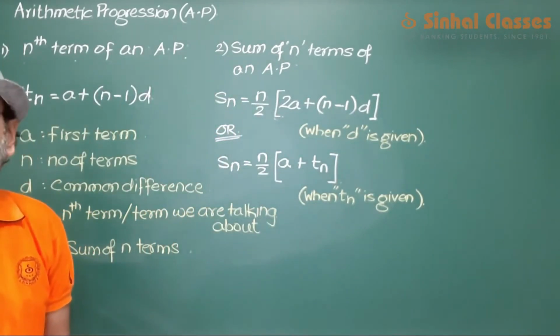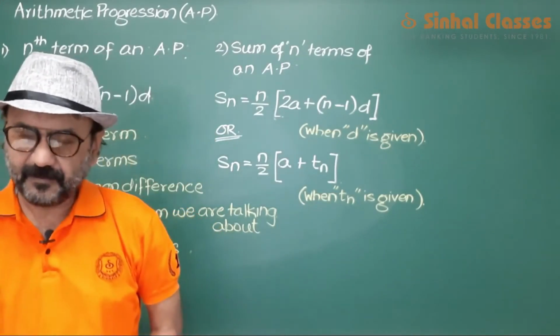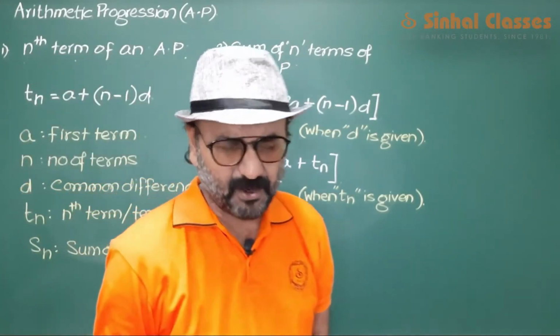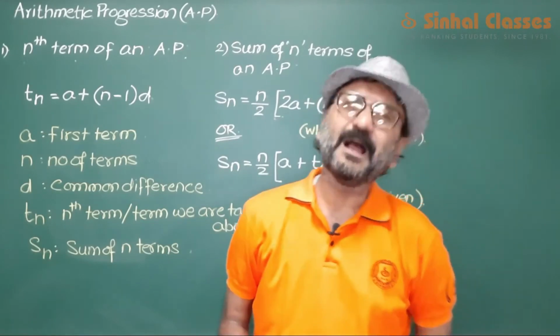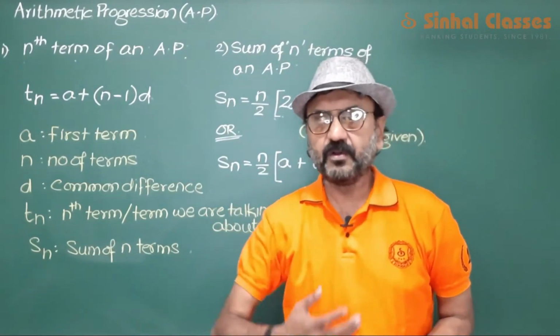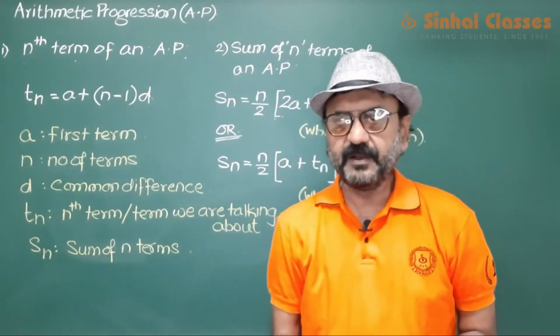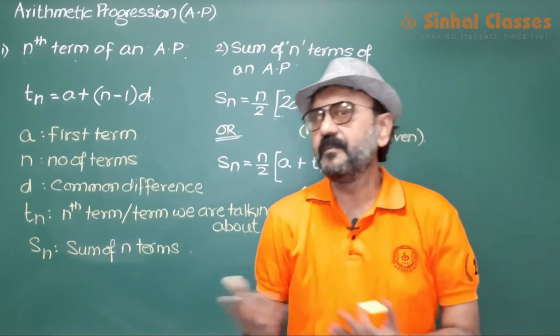So these are the formulas that we'll be using in solving the next few sums. What I'll be doing is, there are a lot of sums from this chapter. All the sums basically are based on these formulas only, but we'll be doing only the important ones because this is a revision session. So we'll be doing the important sums from AP.